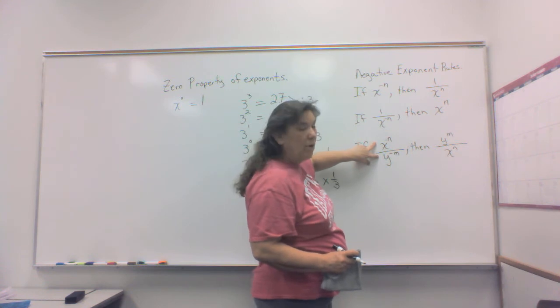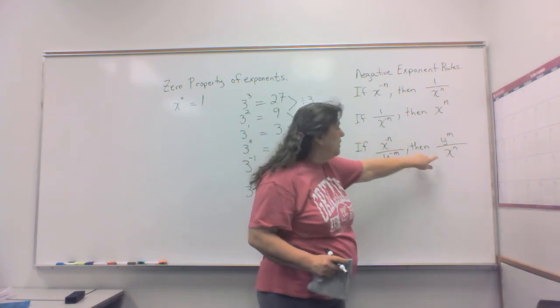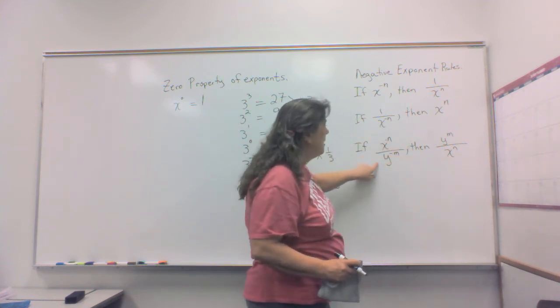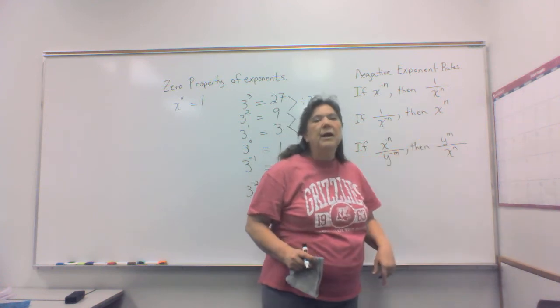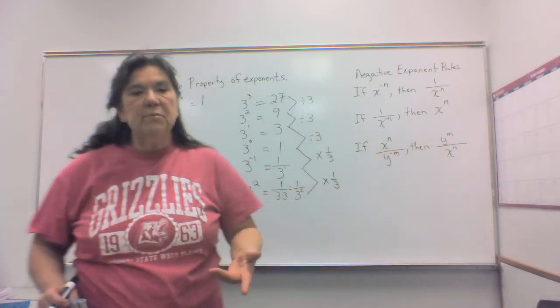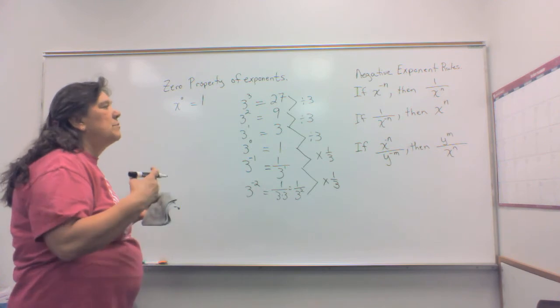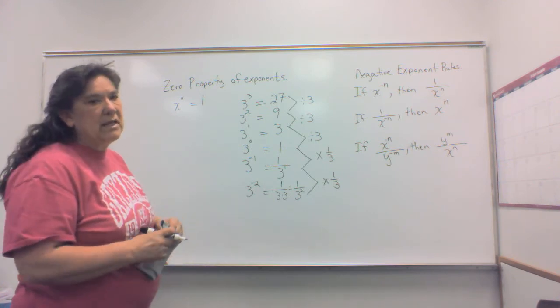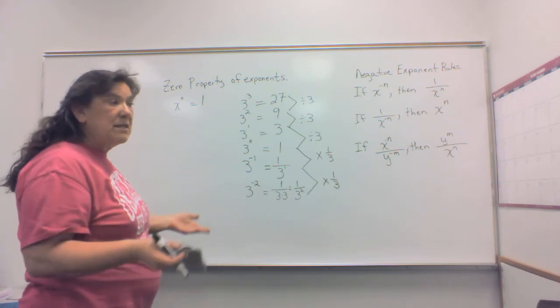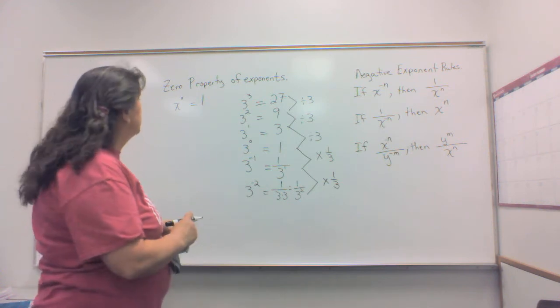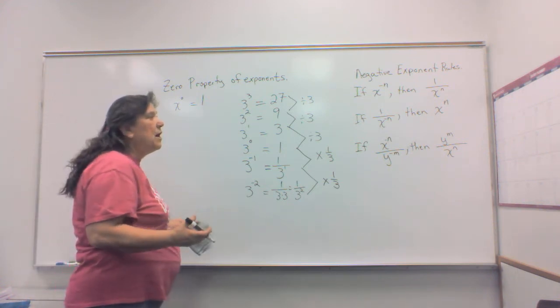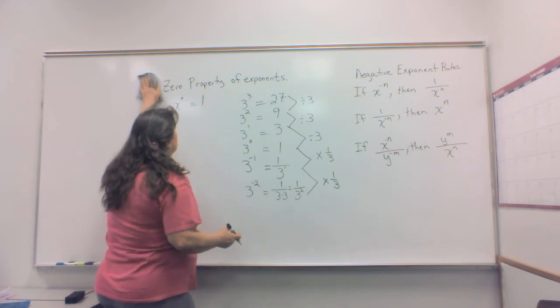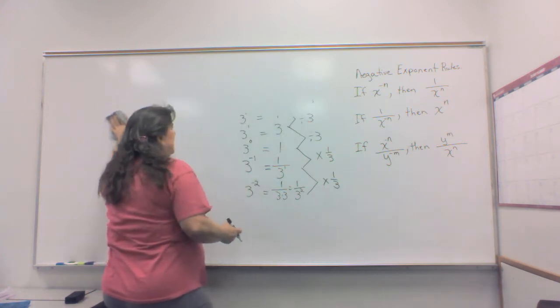Here we have both of them: numerator went to denominator, denominator went to the numerator. And it's because of that reciprocal. So all of these are based on negative exponents making it a reciprocal, and the exponent becomes a positive. So there you have your negative exponent rules and your zero property of exponents.